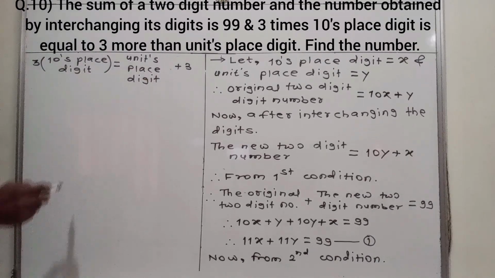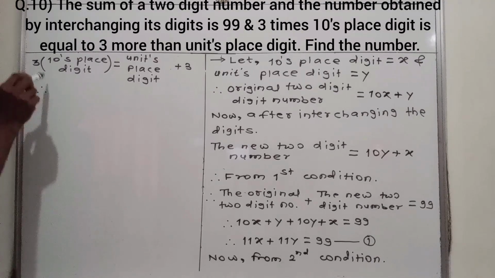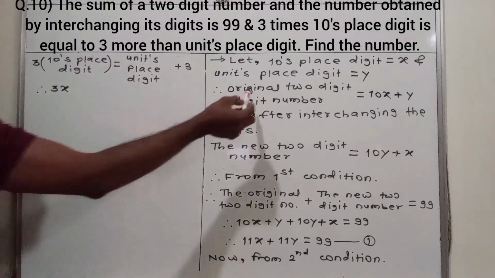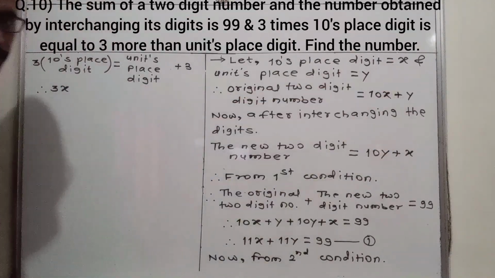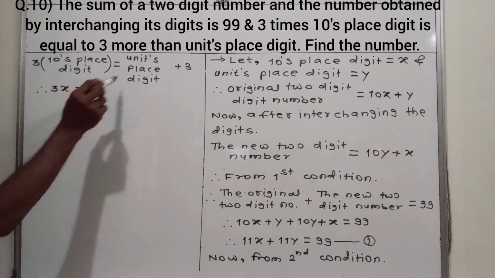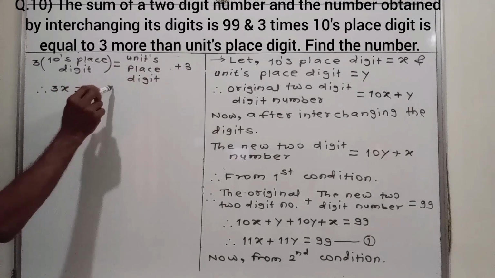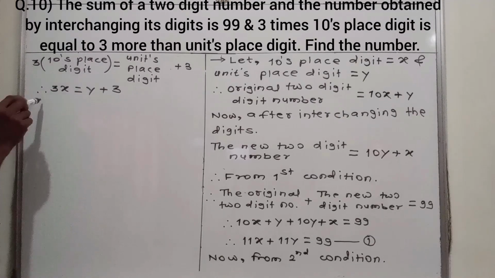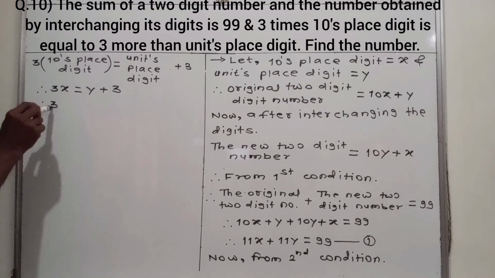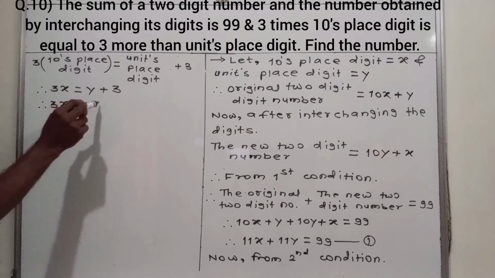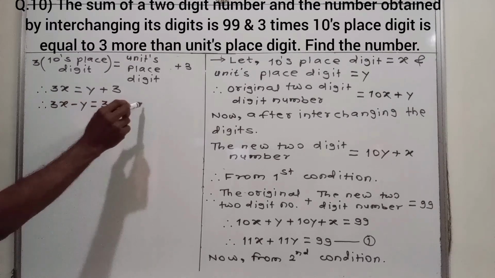Did you get it? Therefore, 3 into tens place digit is equal to units place digit plus 3. Did you get it? Now take this y to the left side. 3x minus y is equal to 3.